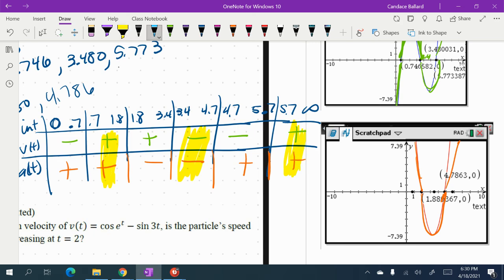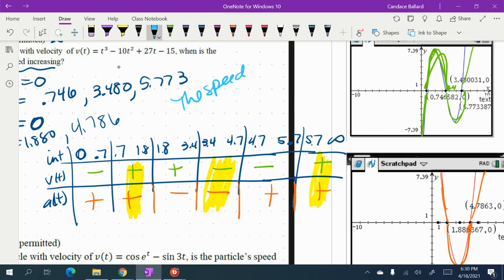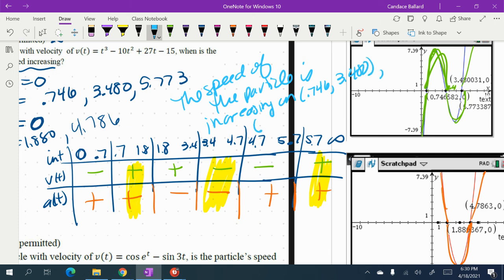So we know that the speed of the particle is increasing on 0.746 to 1.880, 3.480 to 4.786, and 5.773.